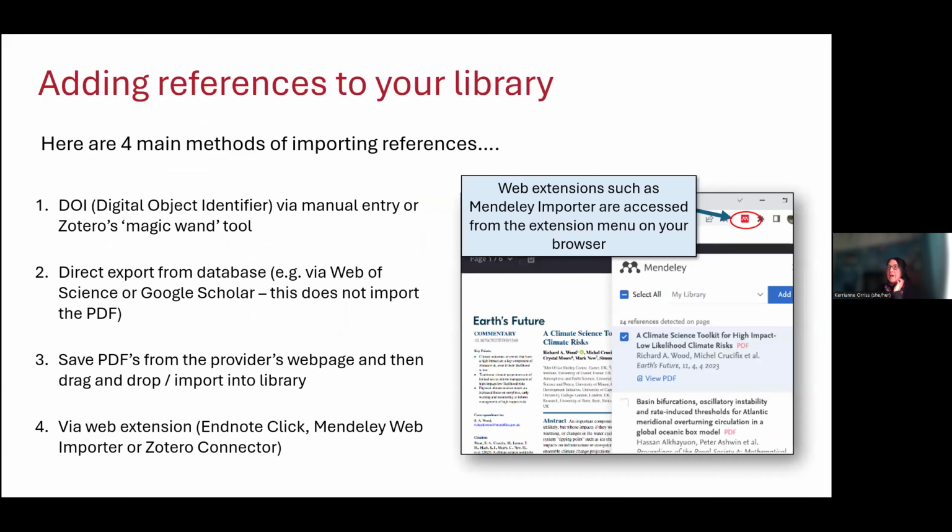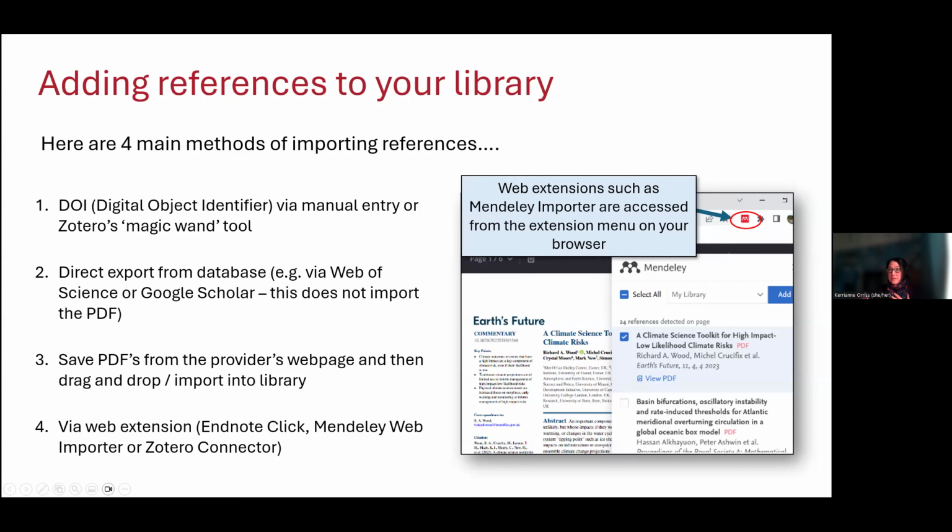When I demo these, I'm going to demo them by using four main methods of importing references. There are so many different ways to import references that it does get a bit confusing. So I'm going to try and show you what works best with each manager, because they all have their quirks. The four main methods are, first, importing via a DOI.